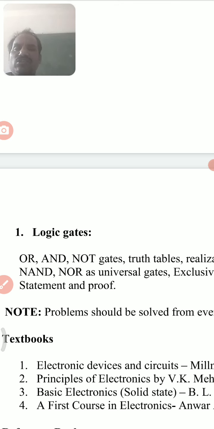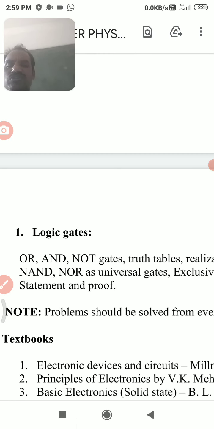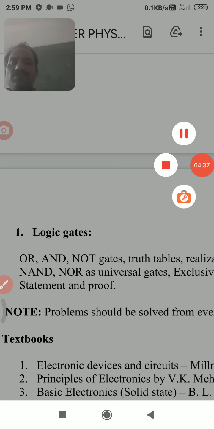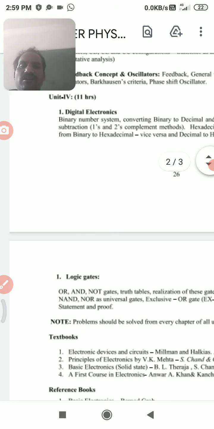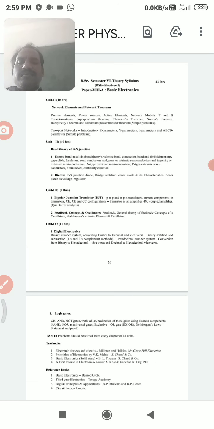Those are called universal gates. The gates are used to explain the different types of constructions of logic circuits and ICs, integrated chips. Okay, this is the brief explanation of the sixth semester paper, basic electronics.